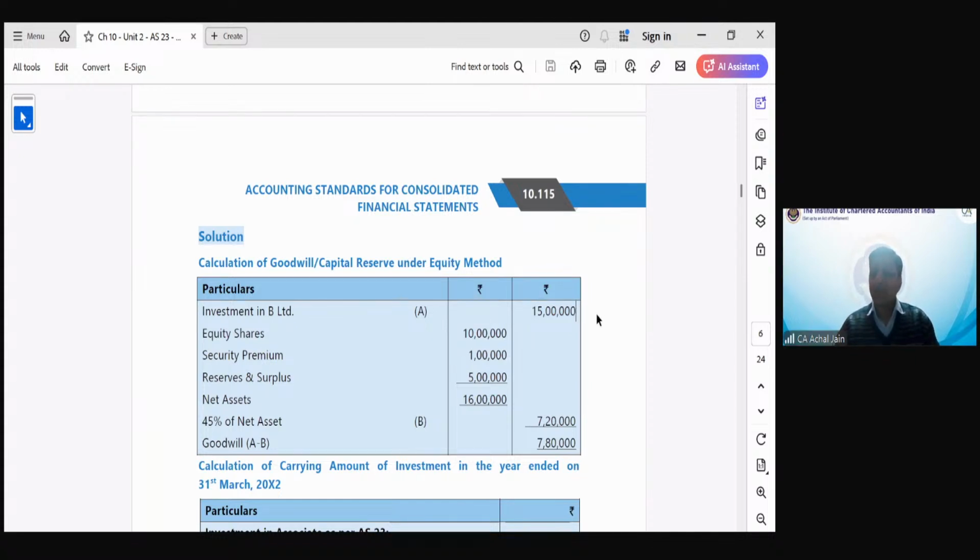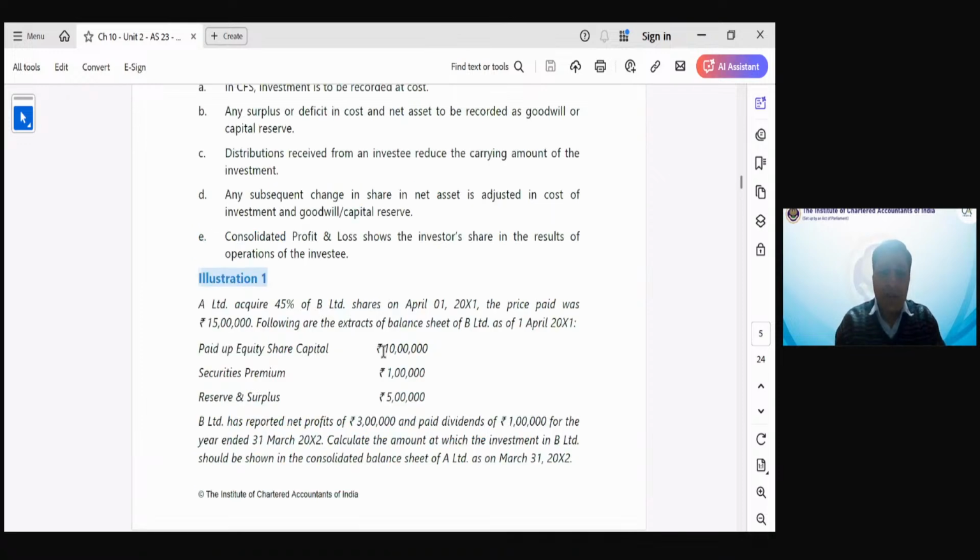Now, what is the amount of net assets of B Limited? That is 10 lakh share capital plus 1 lakh premium plus 5 lakh reserves, right? So all in all, 16 lakhs is the total value of net assets of B Limited.